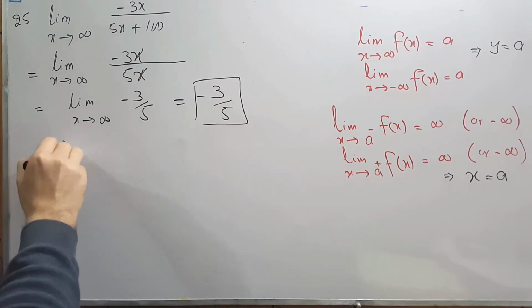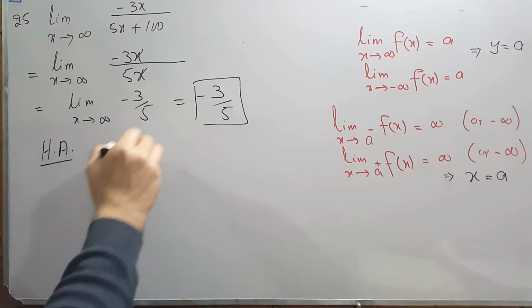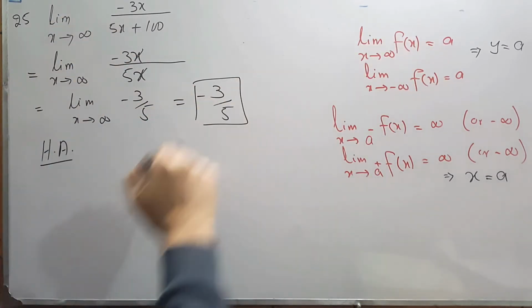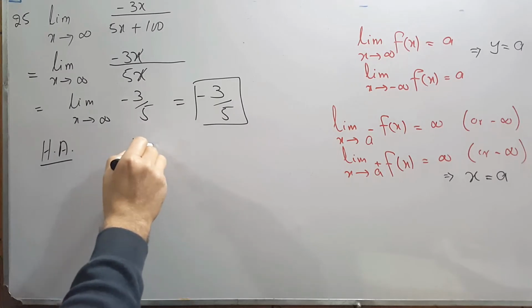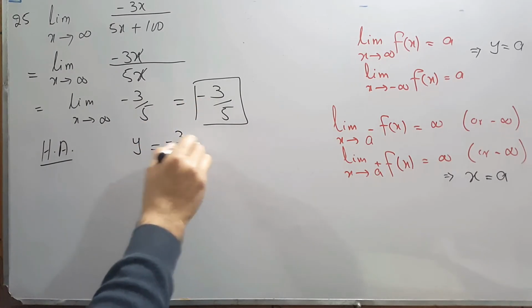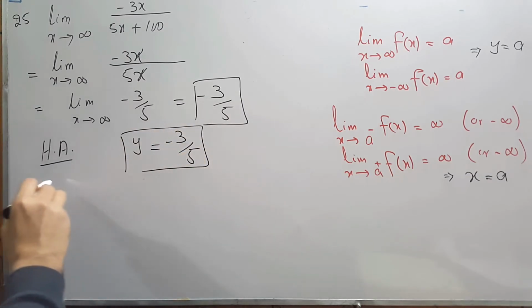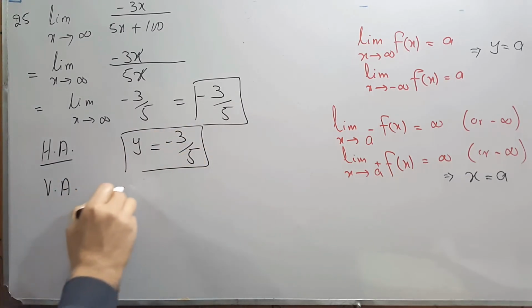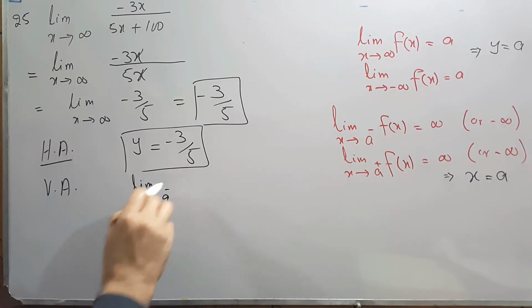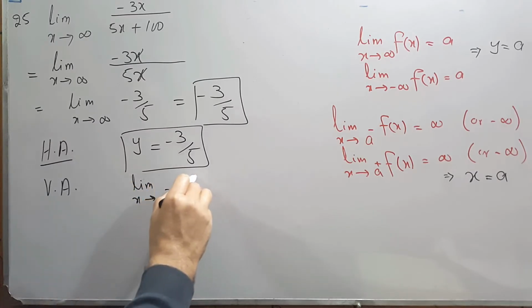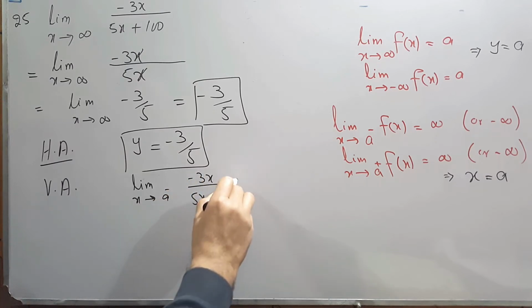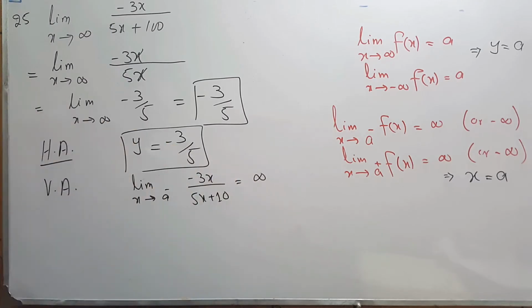For the horizontal asymptote, we say that the limiting value is our horizontal asymptote here, that is y equals minus 3 over 5. For the vertical asymptote, we say that when x approaches a from the negative side or from the positive side, this one should give you infinity.